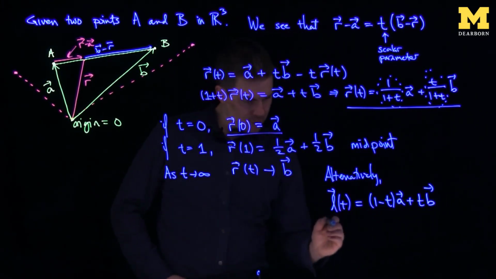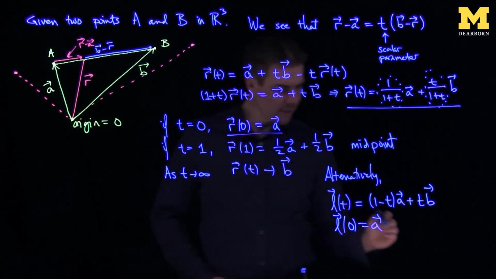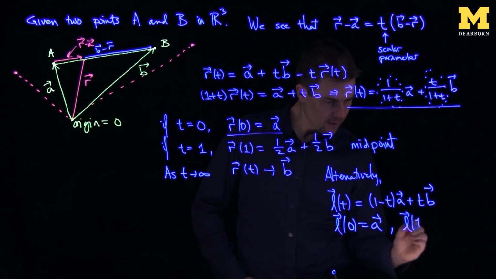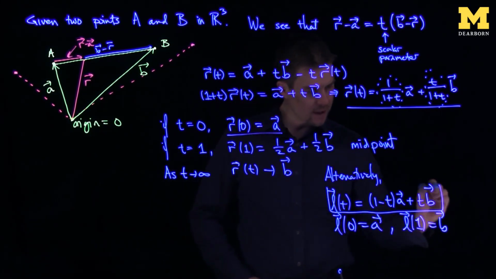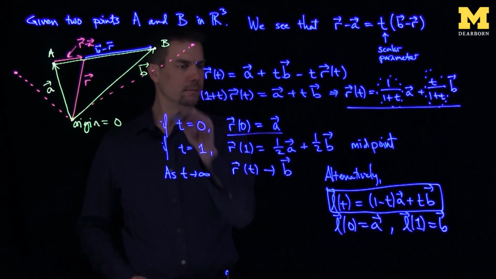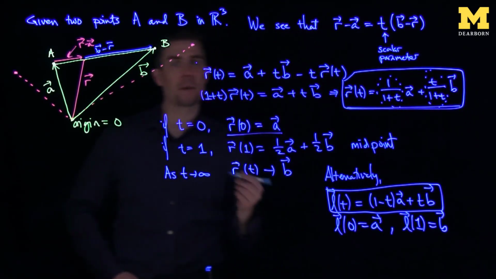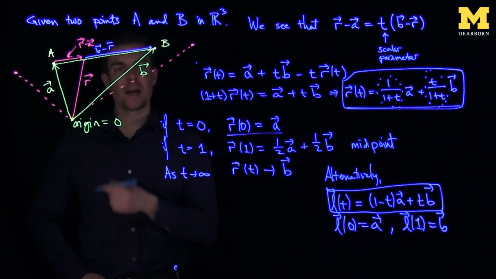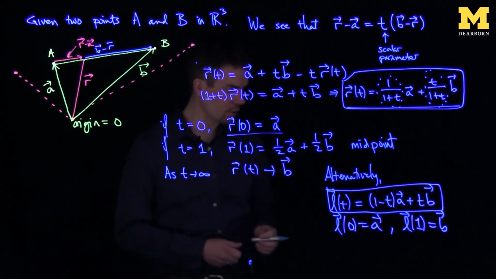And now, in this parameterization, L of 0 is equal to a, and L of 1 is equal to b. Either of these representations is a valid way of parametrizing the line. We'll see when we start to discuss curves that there are many different ways to parameterize a curve, and there's a standard way called arc length parameter, and we'll focus on the arc length parameter version.